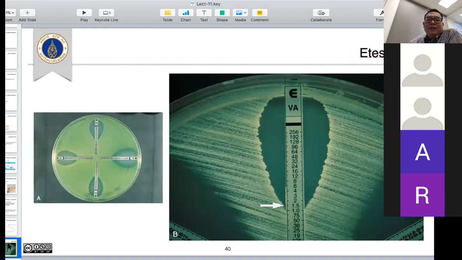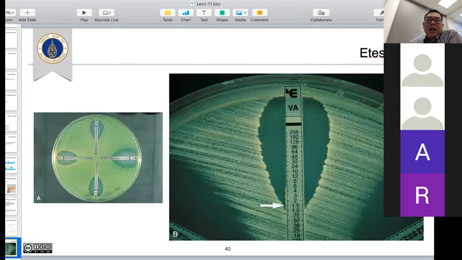The last one is much better, the E-test strip. For the E-test strip, you just smear bacteria and apply the E-test. The E-test is a strip that already has antibiotic immersed inside. The concentration of antibiotic forms a gradient on the paper. They have a scale.